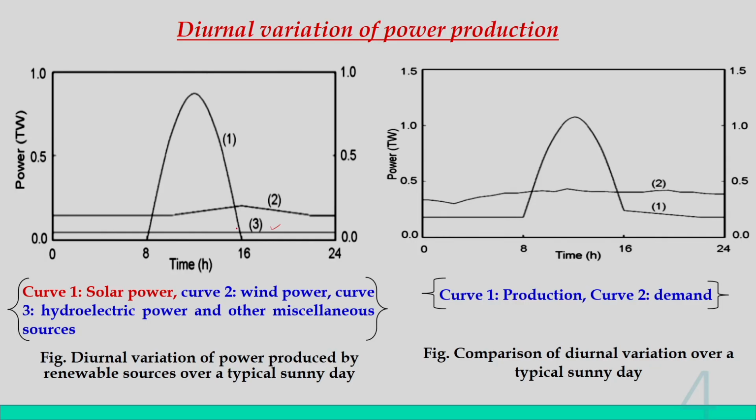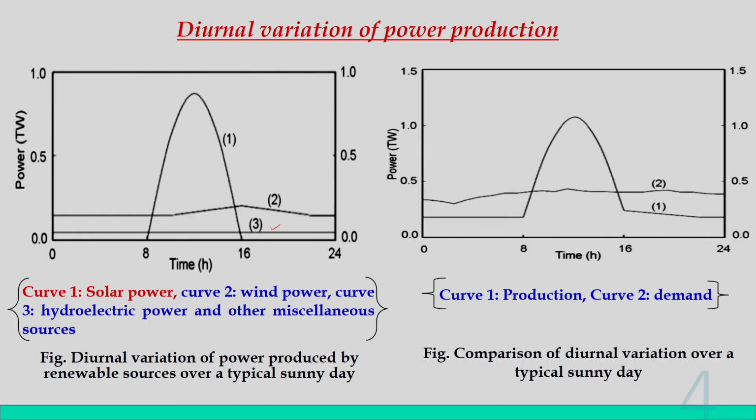This one is more or less constant, and as you can see, the solar variation increases, reaches a value at solar noon and then decreases. This window is from 8 a.m. to 4 p.m. During that time wind generation will be there, but beyond that time we don't have energy generation from wind energy. So we need to store this energy to meet the demands at other periods, right?